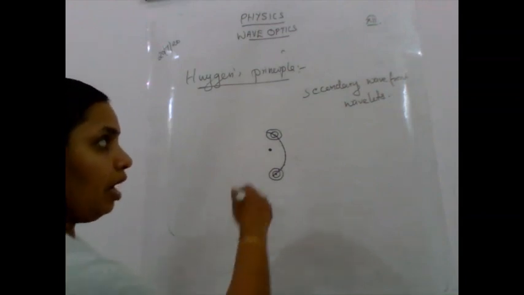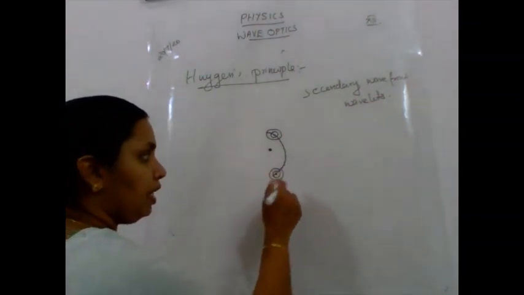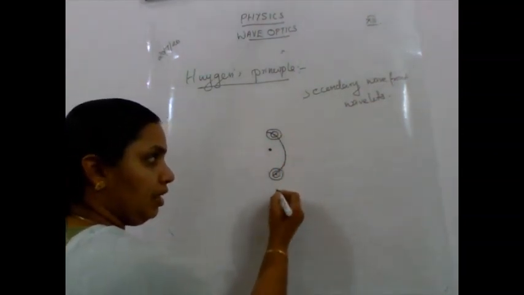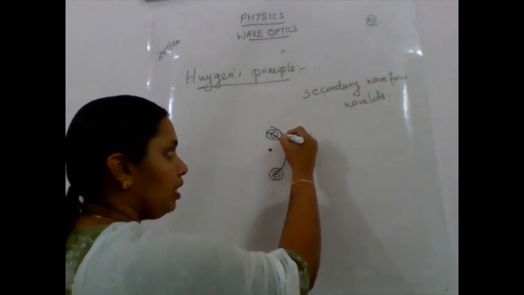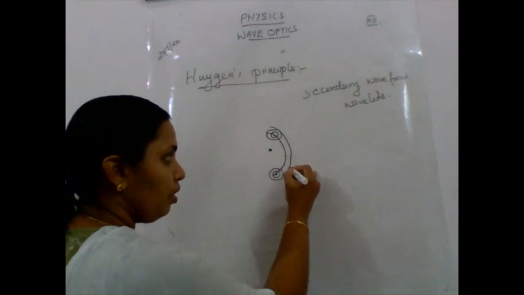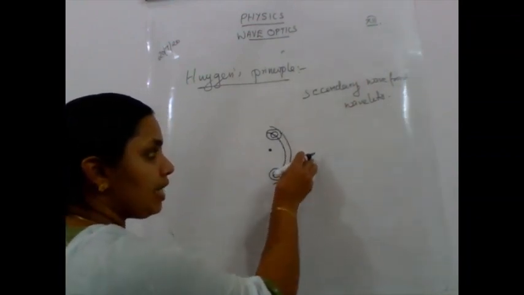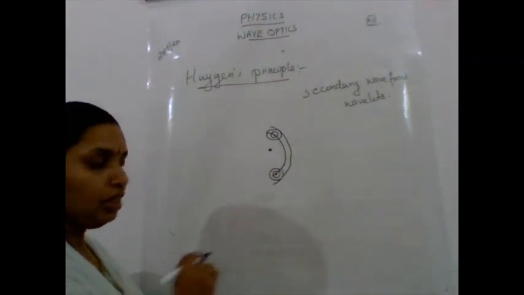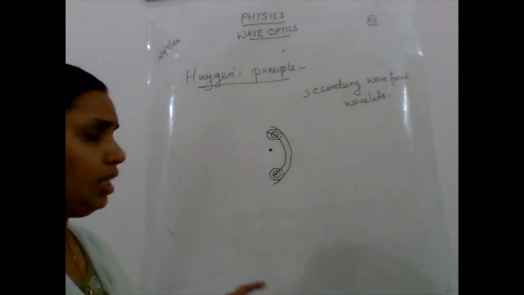Then how does the next wavefront originate? While propagating, the next wavefront is produced by joining the tangent of the secondary wavelets which are at the same state of vibration. So in between many will be there. Joining the tangent, here we will draw the tangent.